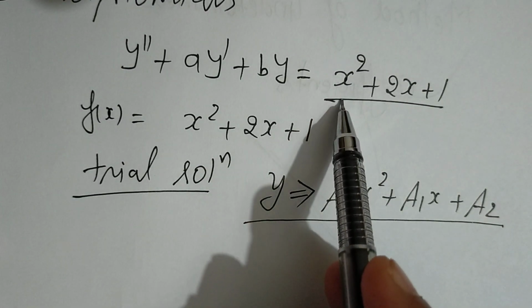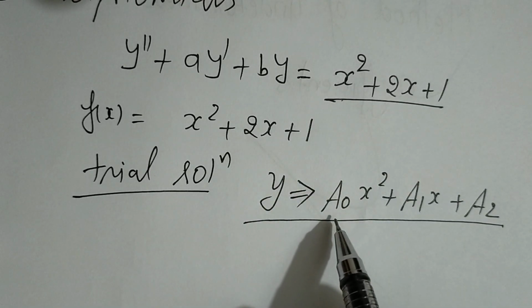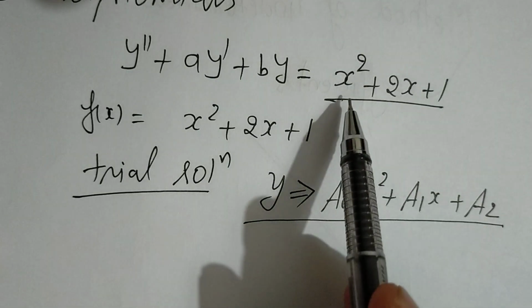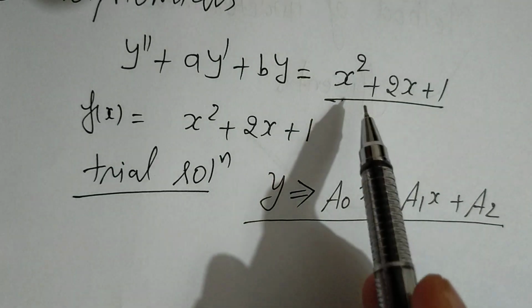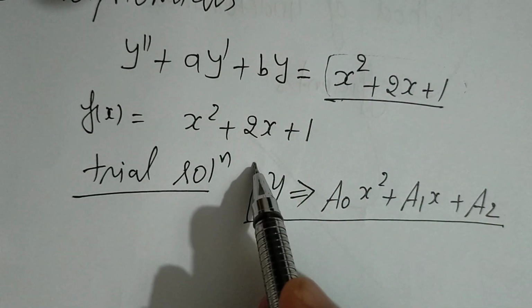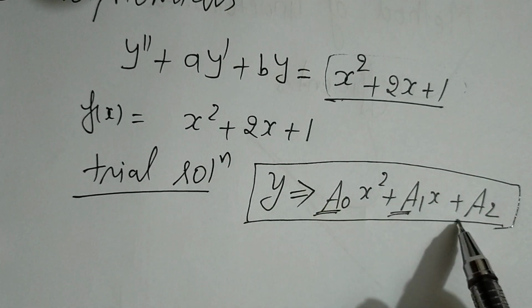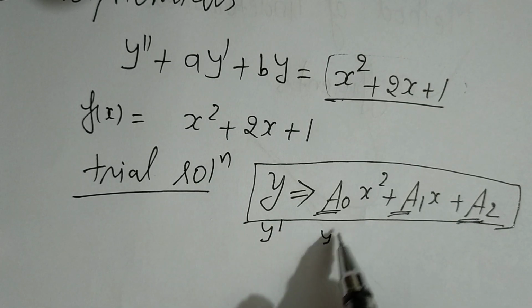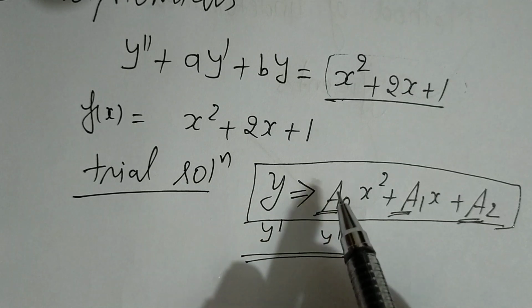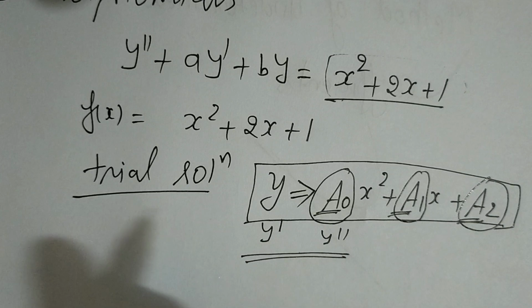Here based on this f(x), if polynomial is quadratic, we'll have the general form of quadratic equation, and if you have linear, we'll have the general form of linear equation. So based on this f(x), we can write general form of polynomial, and from here a0, a1, a2 all three are unknowns, and we can find the y dash, y double dash, substitute in the main equation and try to get these coefficients a0, a1, a2 by comparing the coefficients on both sides.